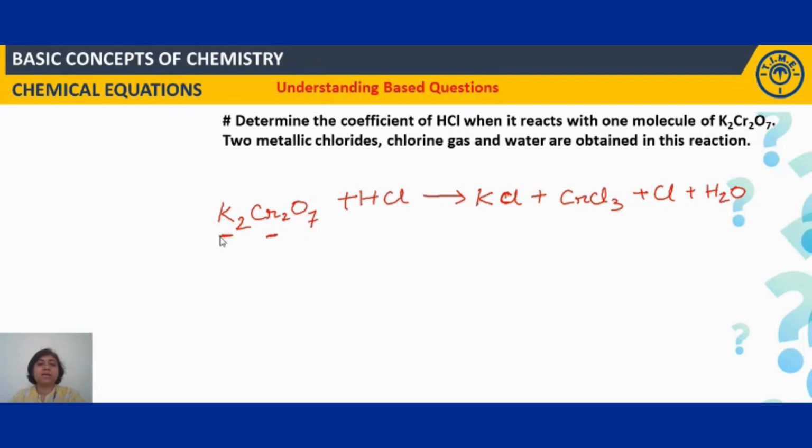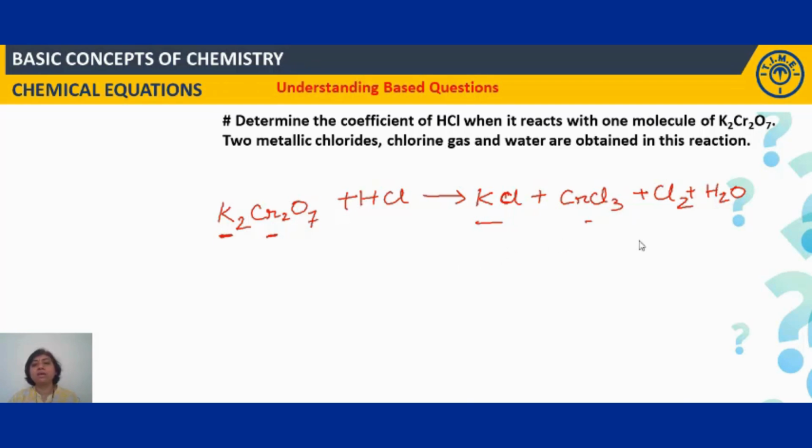Now we'll balance it. First I will tell you some rules for balancing the equation. If one single element occurs in different substances, I'm giving you an example. Potassium is there on the left hand side in one compound, potassium dichromate, and on the right hand side in potassium chloride, so frequency one. Chromium is also like that, in potassium dichromate and chromium chloride. Sorry, it is Cl2.